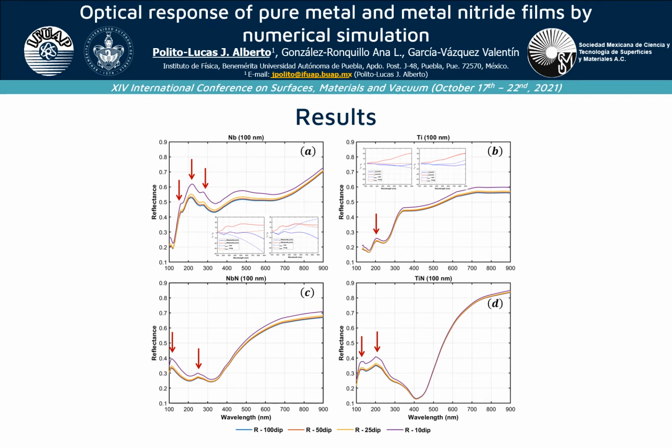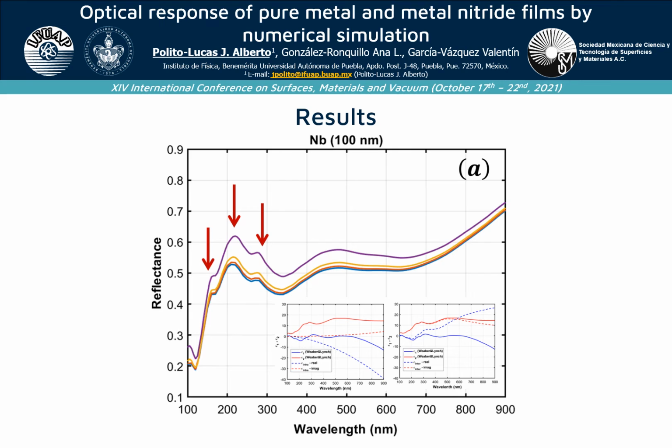A convergence study was carried out to determine the appropriate number of dipoles in the TUC. It can be seen that for all 4 materials a TUC with 50 dipoles is necessary to ensure convergence in the numerical calculations. In the case of niobium and titanium, peaks below 350 nanometers are observed.